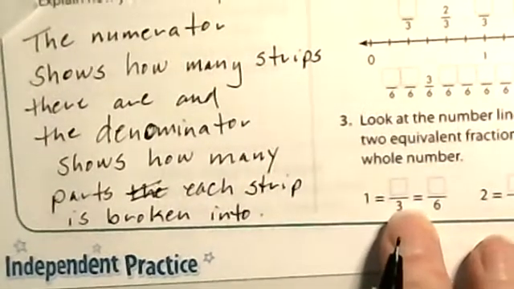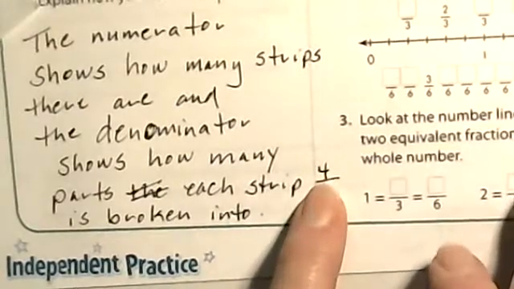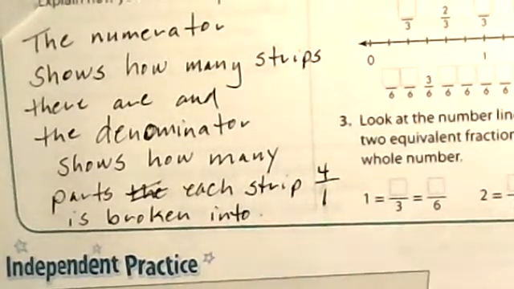So when it's 4 over 1, that means there's 4 wholes, and each of the wholes is broken into just 1.